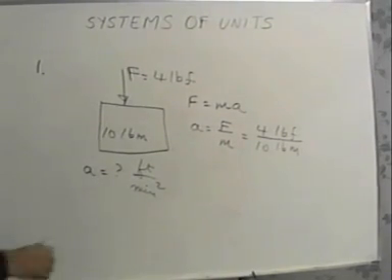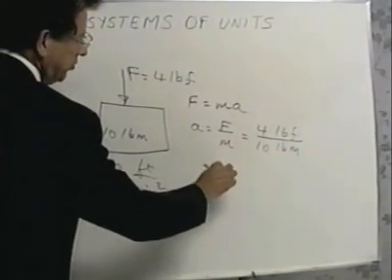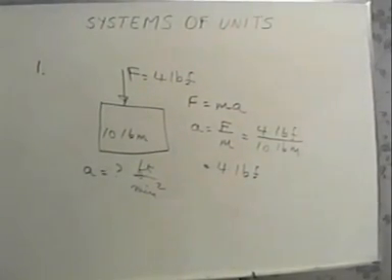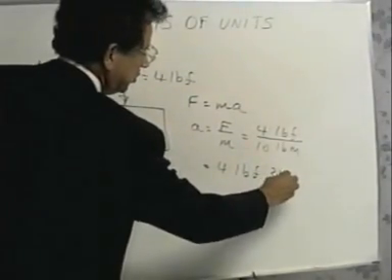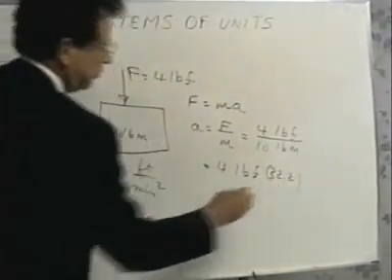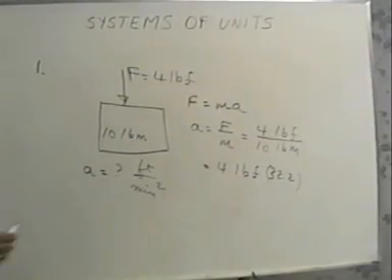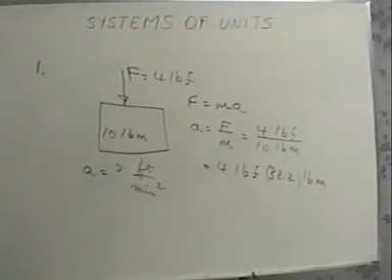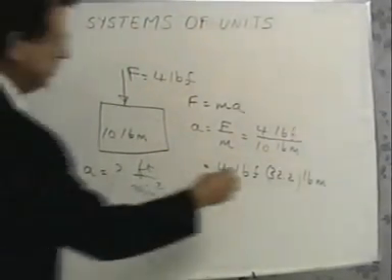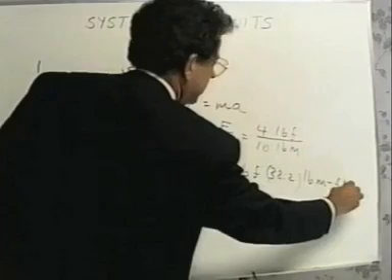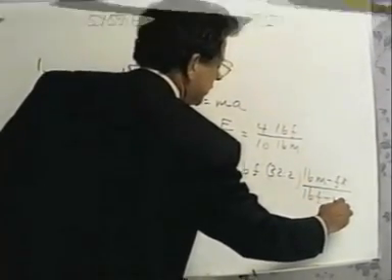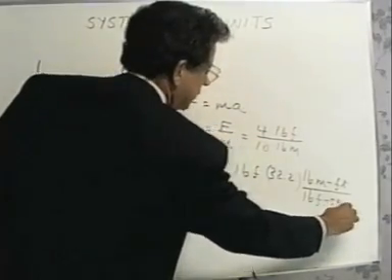And the change comes about when we take the LBF, the pounds force, and we multiply this by 32.2 units being pound mass foot divided by pound force second squared.